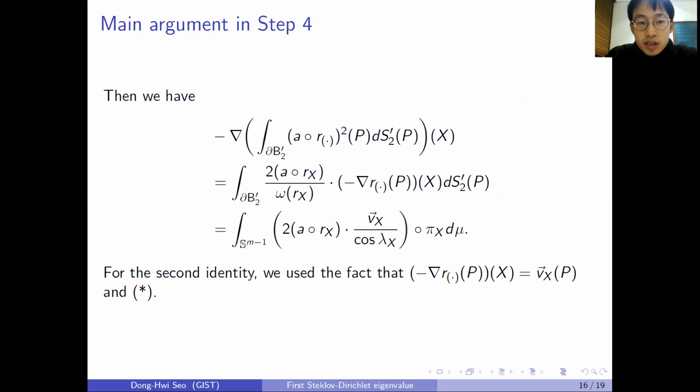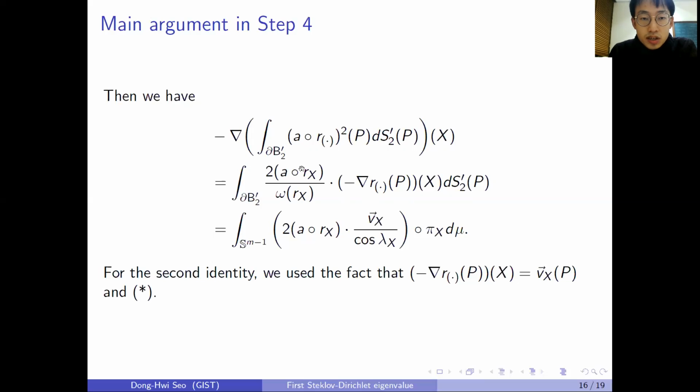Now we compute the negative gradient of our function, and minus gradient of the integrand becomes 2 times a composite r sub x divided by the density function times minus gradient of the distance function.